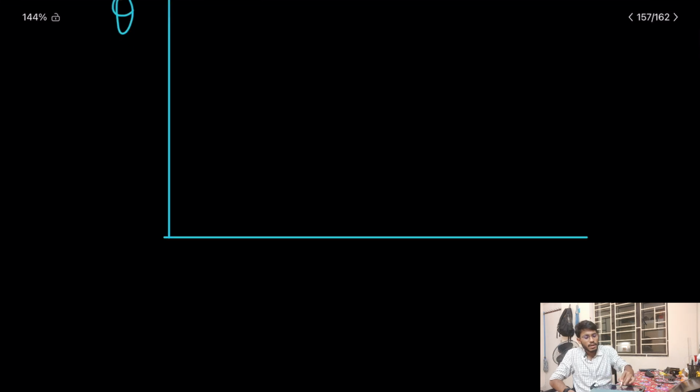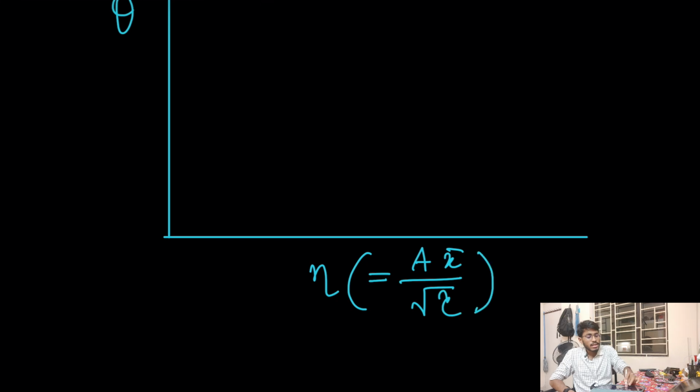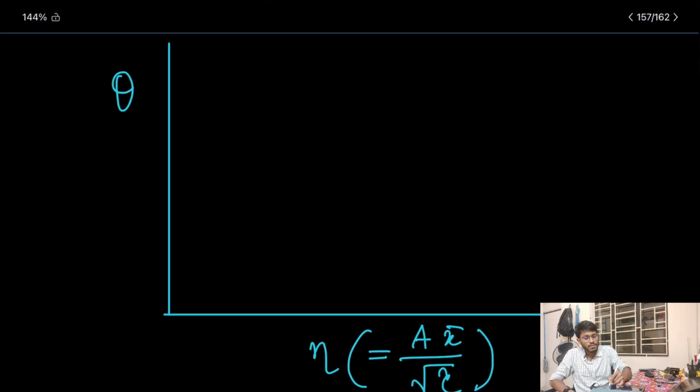Now if I plot here my theta versus eta, that is equal to a into x bar by root tau, then I will have a single graph like this.